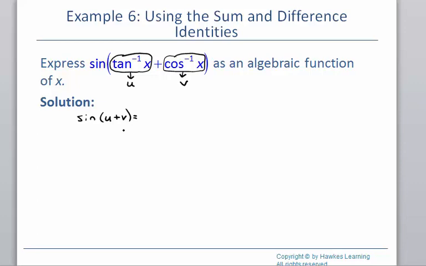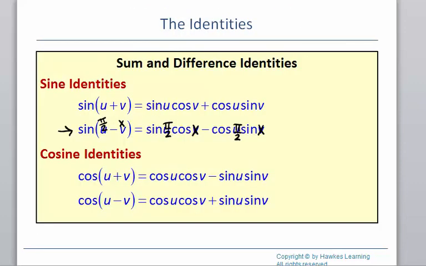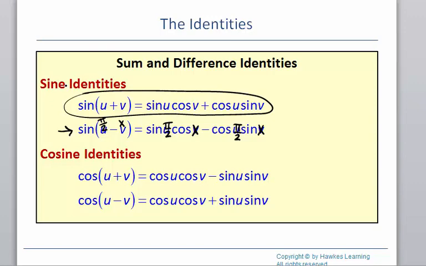And I can go back to my formulas and write a formula down for this. Sine of u plus v is my top formula here. And so all I'm going to do to begin with is just transfer this formula to my example. So sine u cosine v plus cosine u sine v.